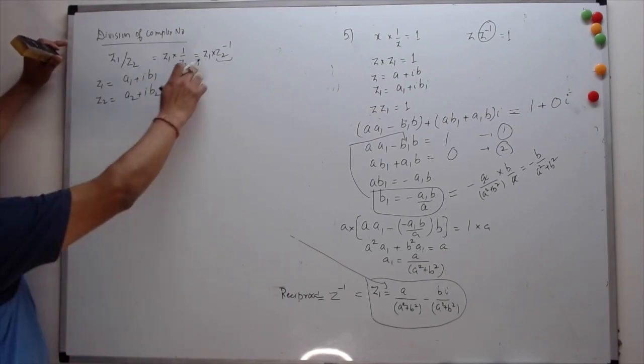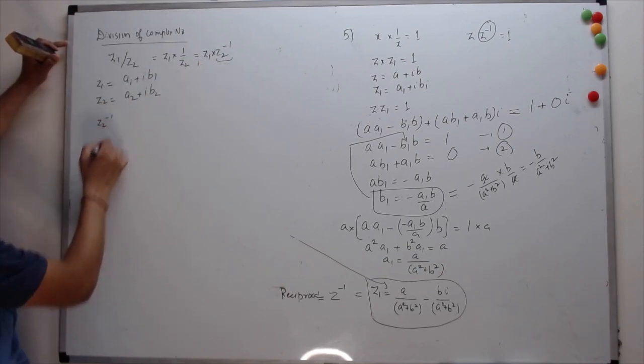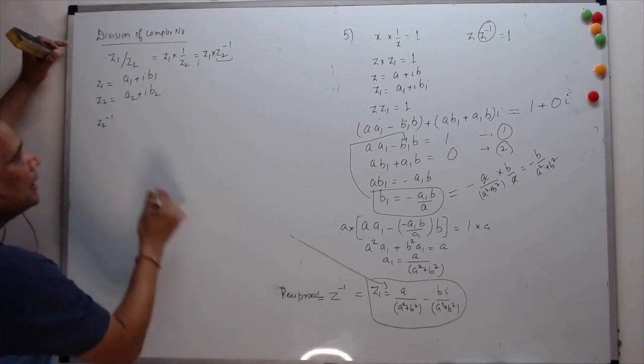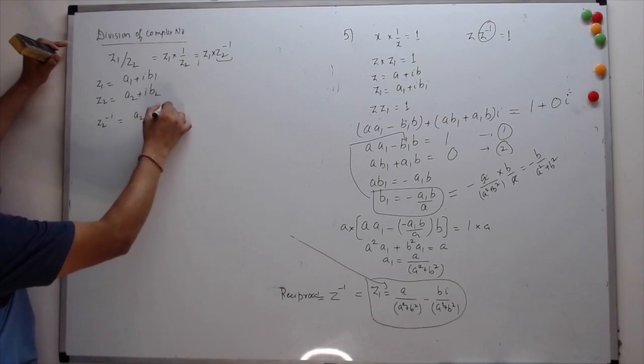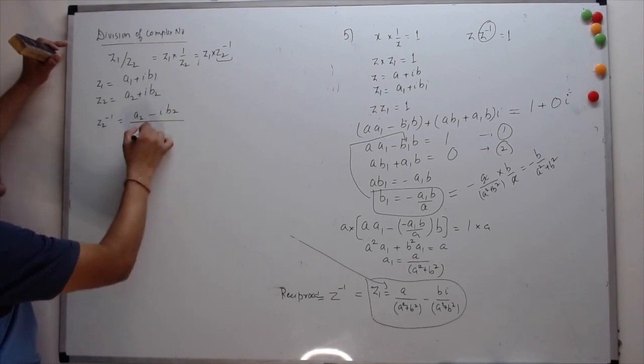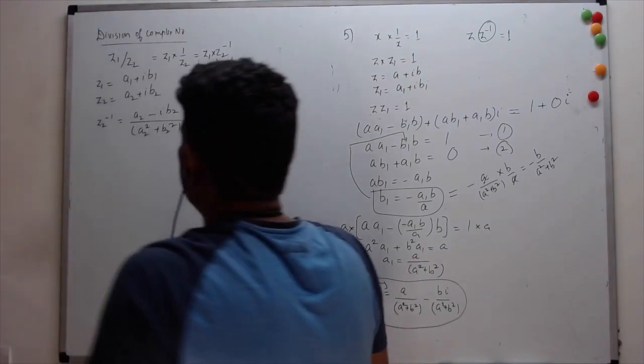When we are doing z1 into z2 raised to the power minus 1, I need to find z2 raised to the power minus 1, and that is something I know from here would be a2 minus I times b2 over a2 square plus b2 square. Tell me yeah or nay if you can understand that.